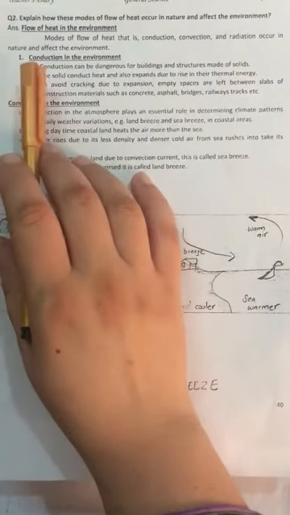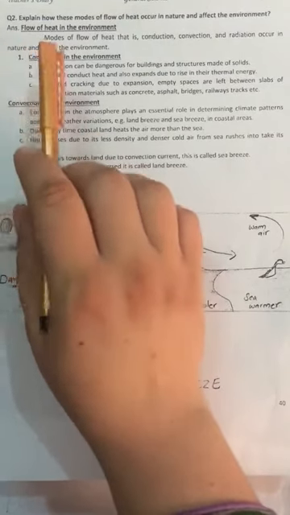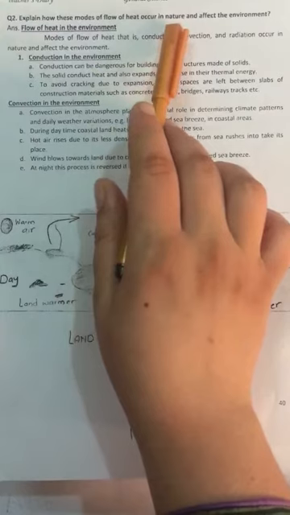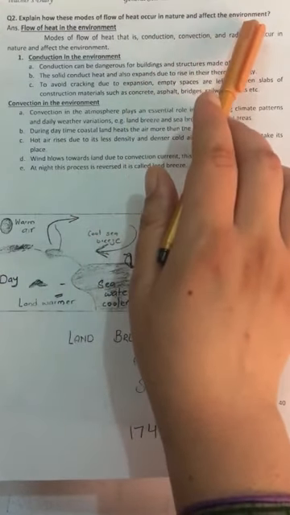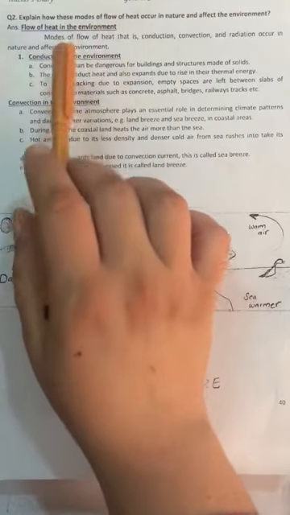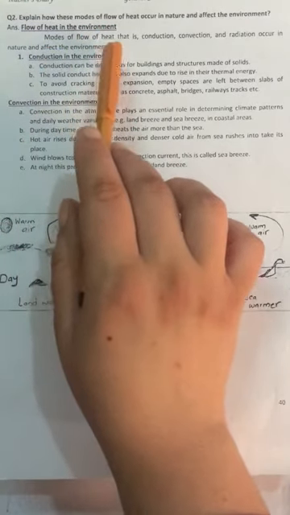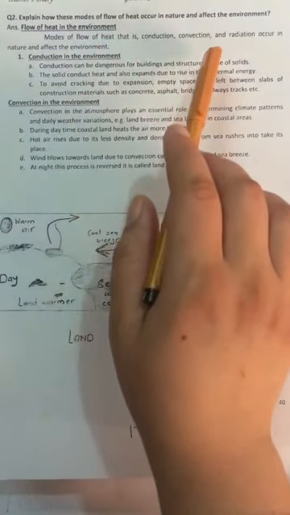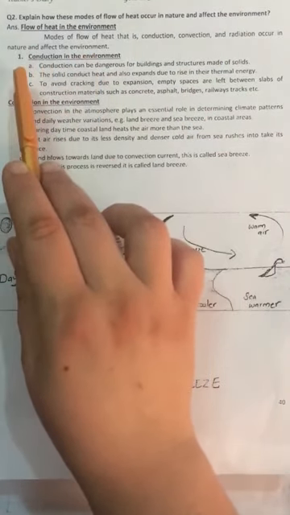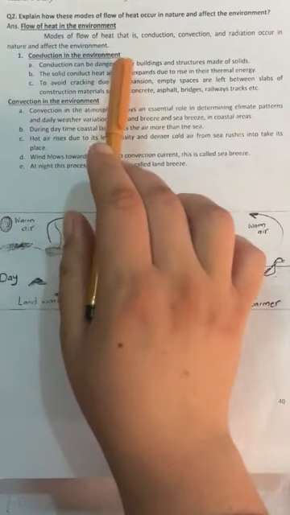Okay students, now write down question number 2. Explain how these modes of flow of heat occur in nature and affect the environment. Answer: flow of heat in the environment. Modes of flow of heat, that is conduction, convection and radiation, occur in nature and affect the environment. Number 1, conduction in the environment.